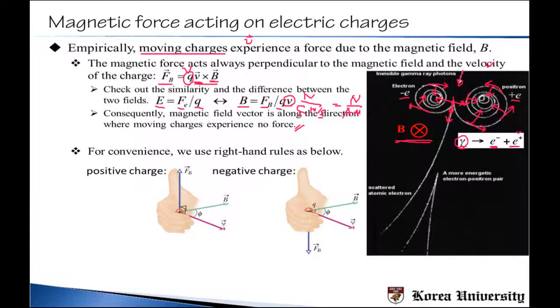And finally, we want to use a diagram to visualize the relationship between these three vectors, and it will be convenient to use the right-hand rule. What we mean by the right-hand rule is that when you make a cross product of, for example, velocity and then the magnetic field, you have this velocity vector first, right?